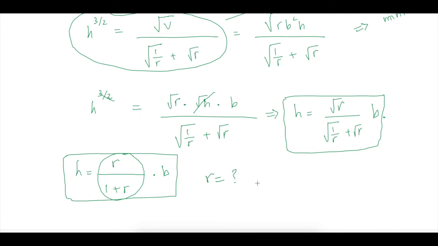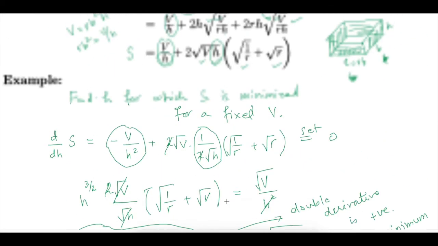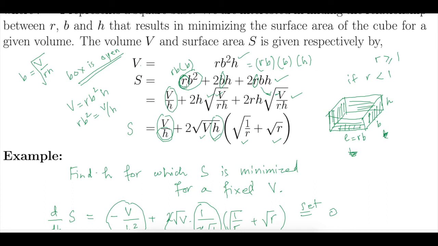Anyways, the question is, what value of R minimizes S? Note that I have R here and R here. Since it's only related to the base, it is a well-known fact that the perimeter is minimum for a fixed area when we have a square.